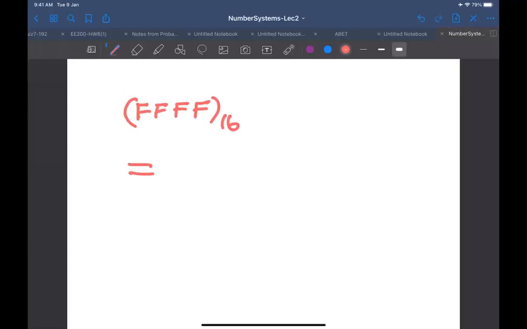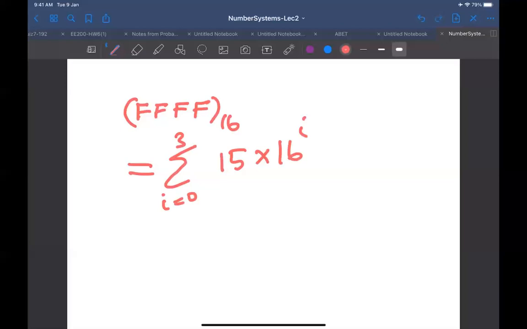You use the conversion formula, right? Which is the summation of 15 times what? R to the i. R is 16 here, to the i, and i goes from 0 to 3, right?